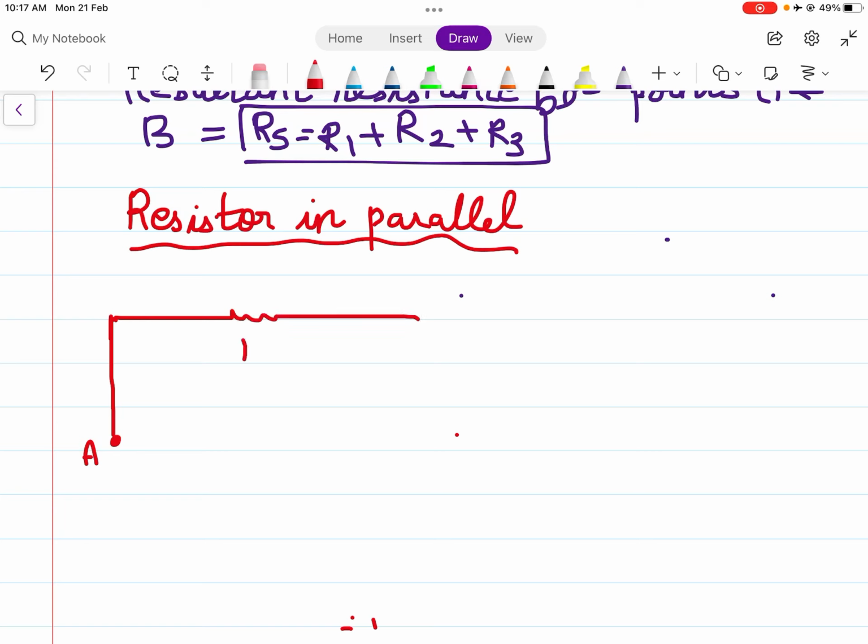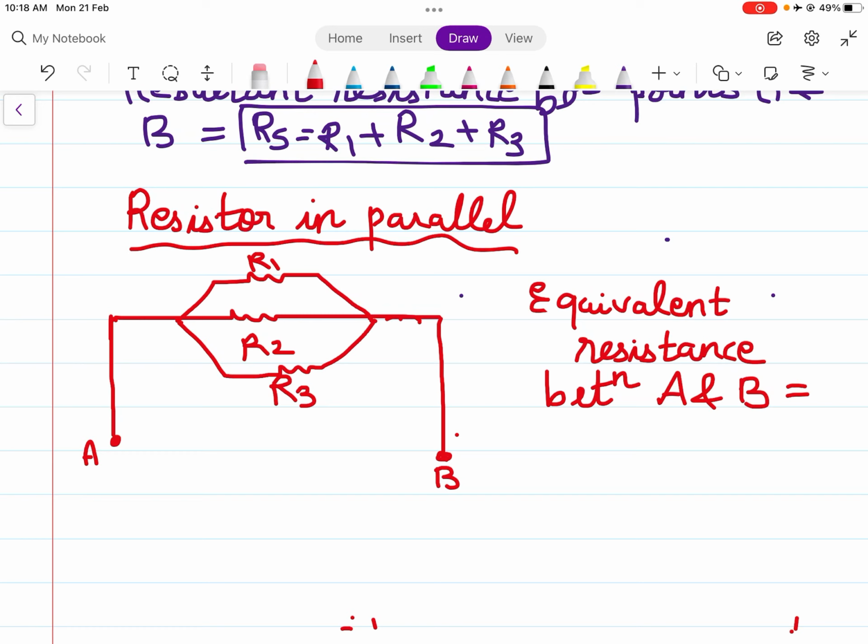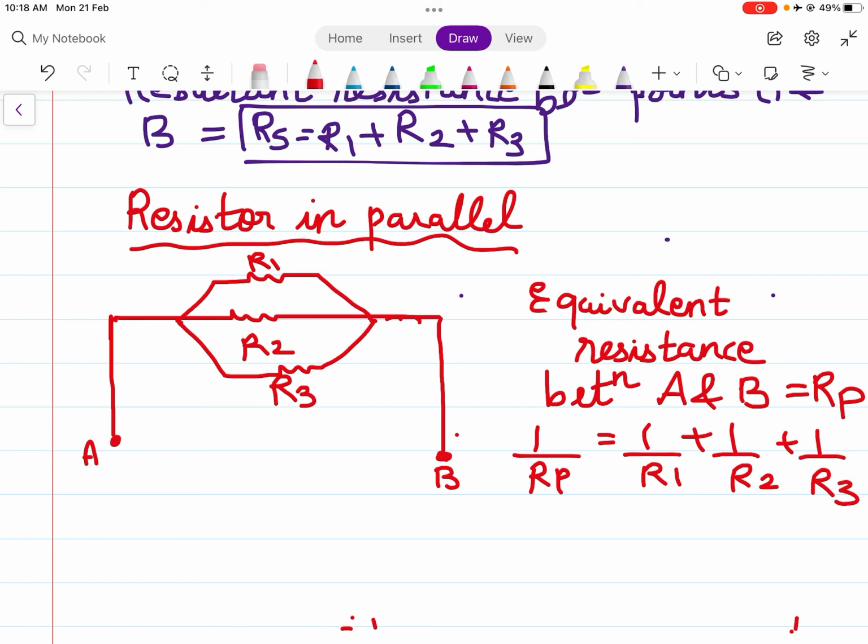This becomes R2, this becomes R1, this becomes R3, and this is terminal B. So we say that the equivalent resistance between A and B equal to Rp, and 1 upon Rp is 1 upon R1 plus 1 upon R2 plus 1 upon R3.